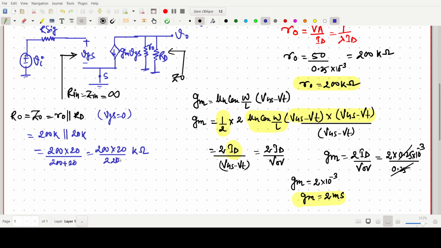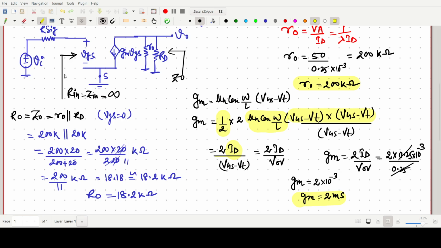Now if we solve this one, it will cancel out to 11, means 200 by 11 kilo ohm. If you solve directly, it will come 18.18, or simply you can write 18.2 kilo ohm. So now the R0 value will be 18.2 kilo ohm.